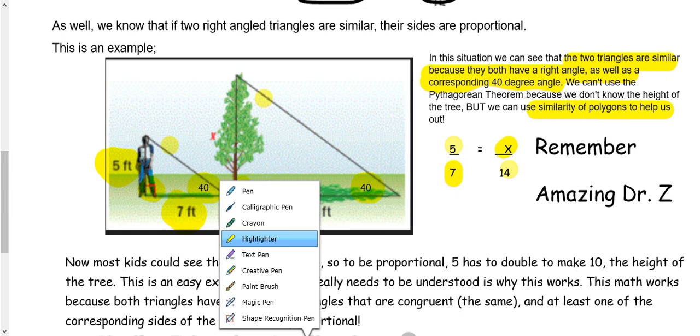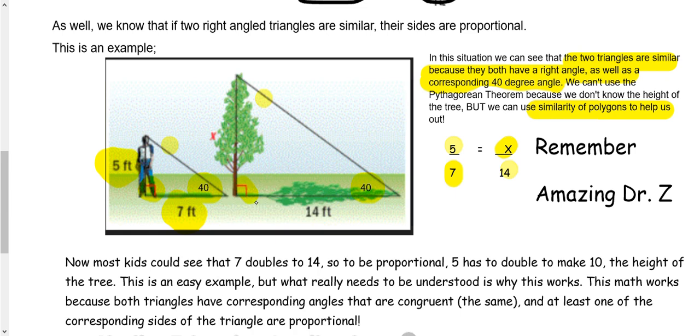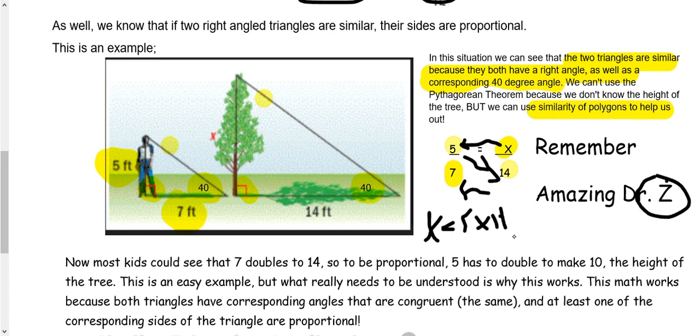And I've taught you guys a lot about this, but this is a great time to use Amazing Dr. Z. So always start at the x. Amazing Dr. Z is equal to the one across if you multiply the corners and divide by the last. So here we'll have x is equal to 5 times 14 divided by 7.